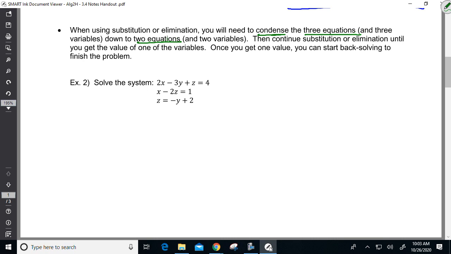So, example 2. 2x minus 3y plus z equals 4. x minus 2z equals 1. z equals negative y plus 2. Now, let me stress this in advance. There is no roadmap I can give you of how to start the problem, what to plug into.